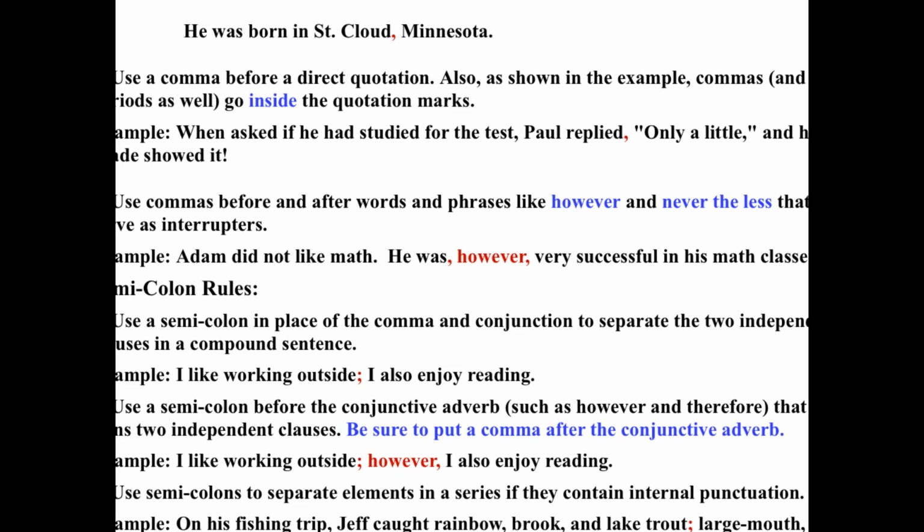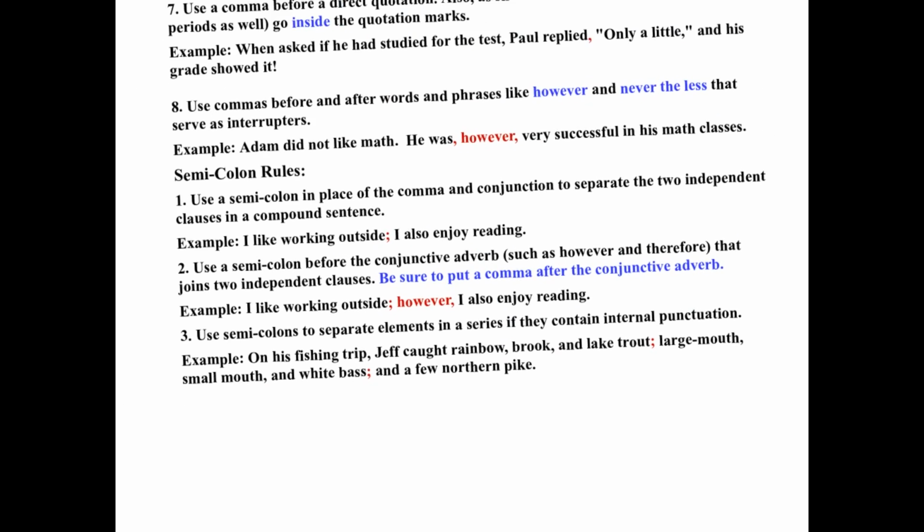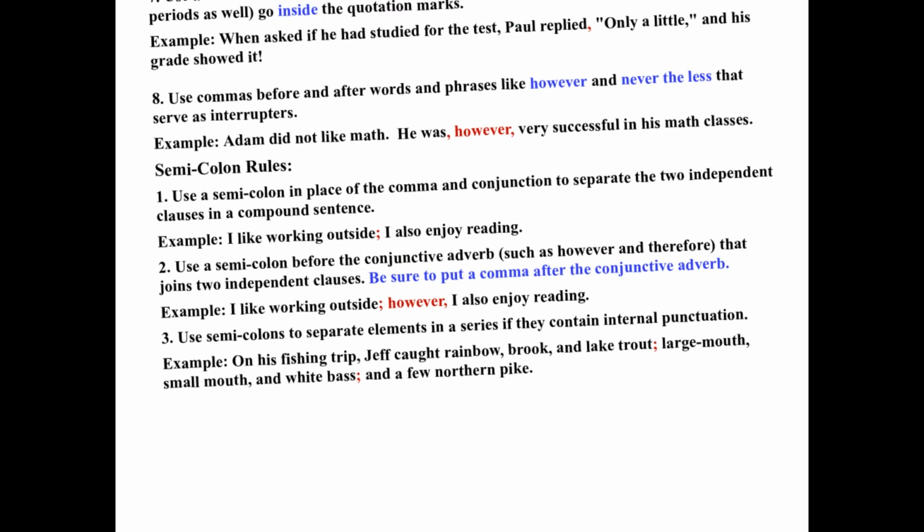Look at this one. You're going to like this one, Kayla. When do we use semicolons? You use a semicolon between two independent clauses. If you don't want to use a comma conjunction, you can use a semicolon.